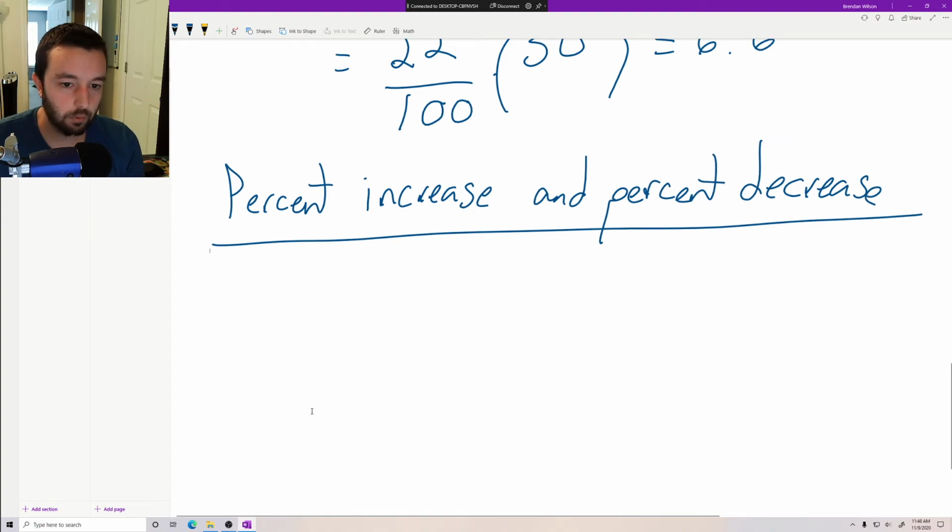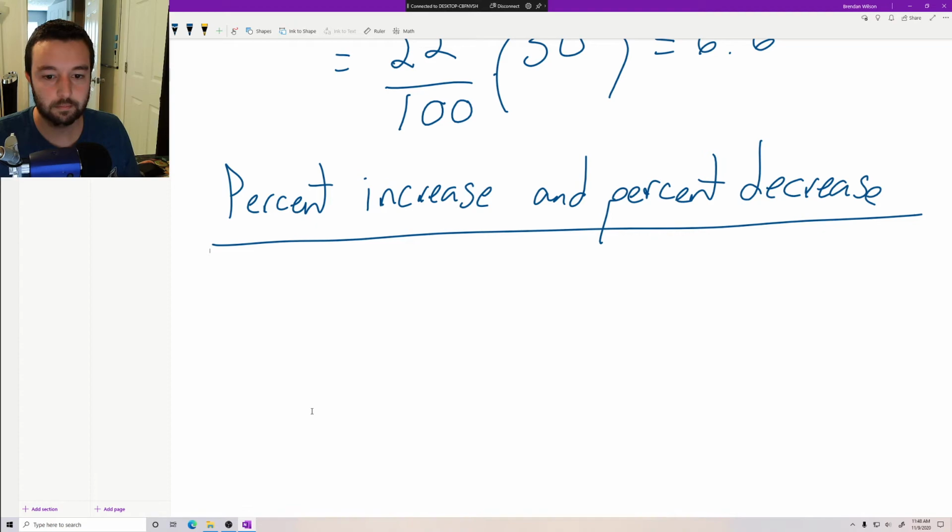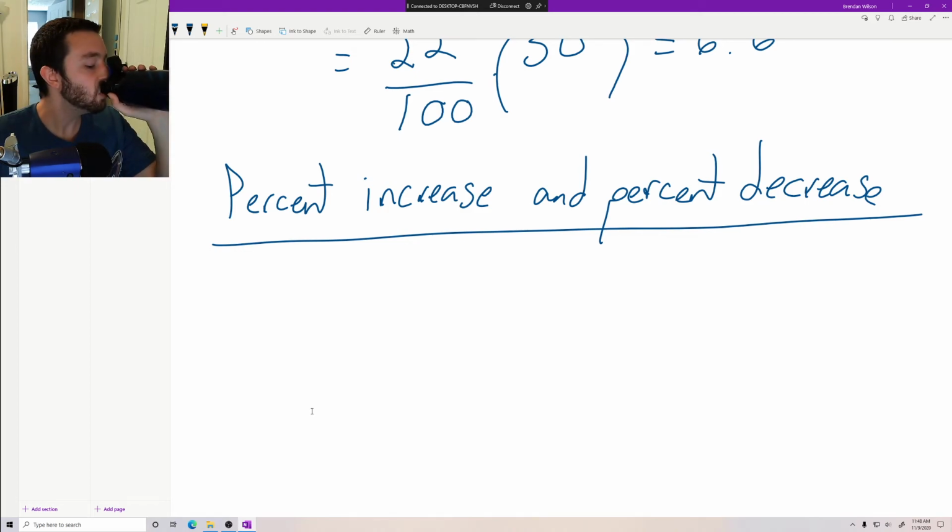So we often hear about, like when I was talking about companies' profits going up, right? And I mentioned we might hear them say that they went up by 183%. So what exactly does that mean, going up by 183%? Okay.